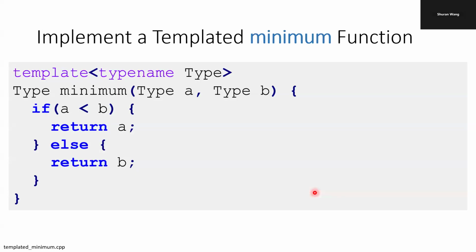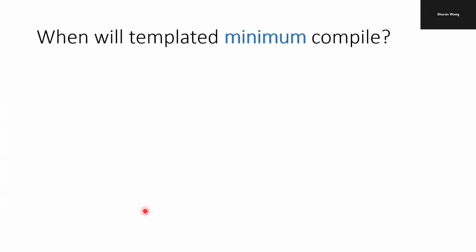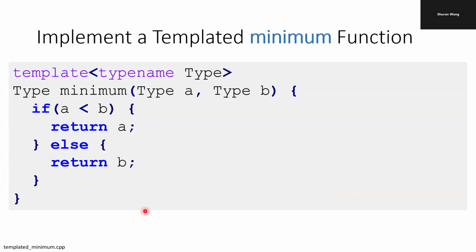Okay, so your code should look something like this. And your minimum, if A is less than B, return A, otherwise return B. So when will this code compile? We have two conditions. They both have to be of the same type.